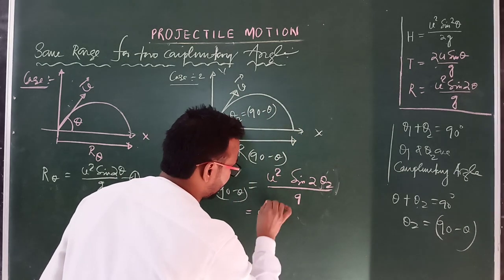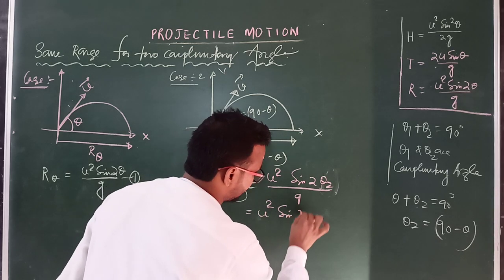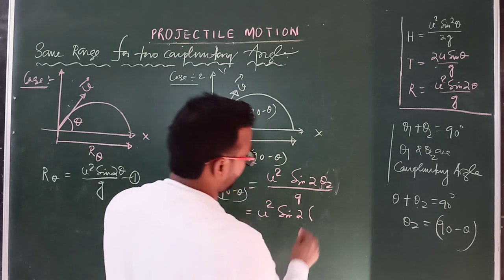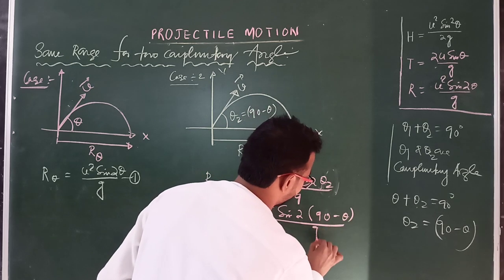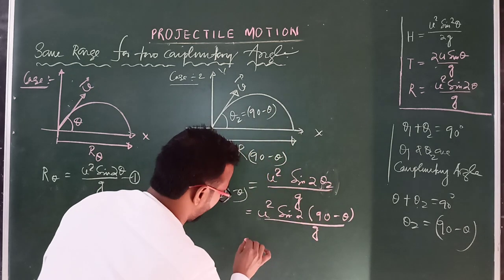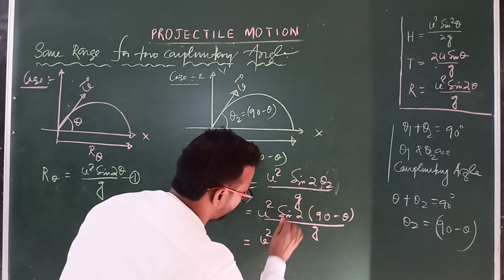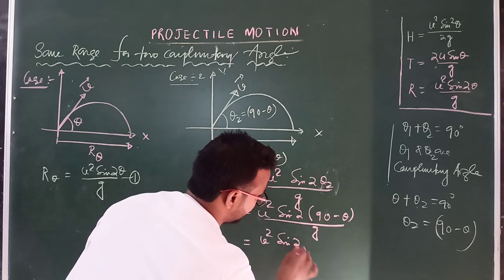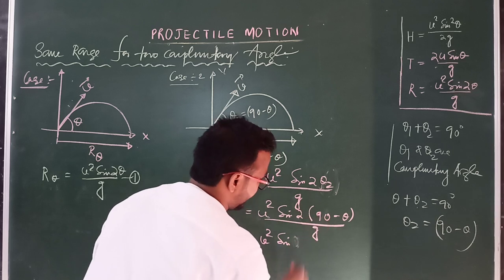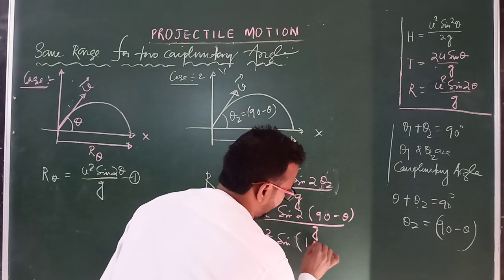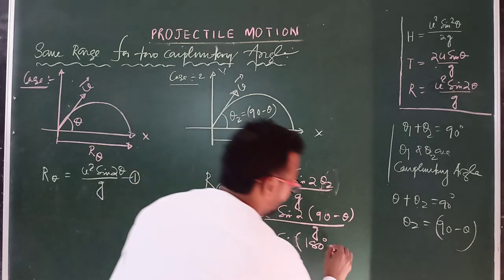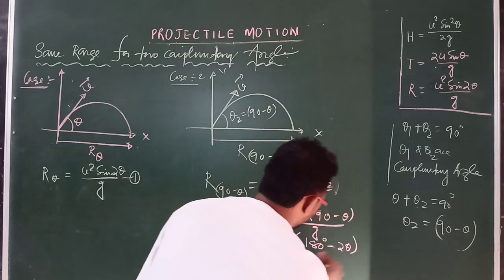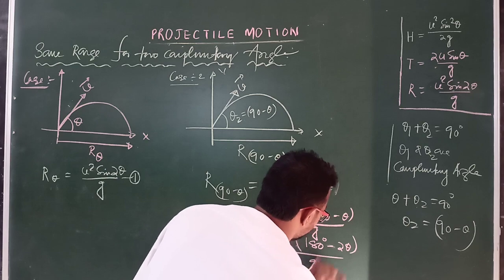And if you solve this relation, then u square sin 2 theta 2, which is 2 into 90 minus theta, divided by g. Or if you solve this relation, u square sin of 2 into 90, that means 180 degree minus 2 theta, divided by g.